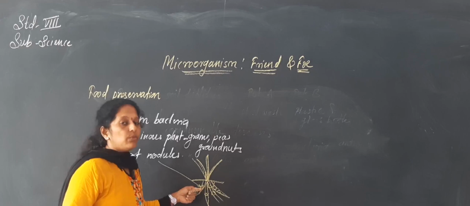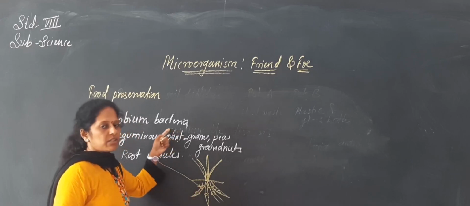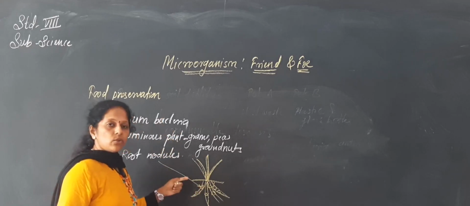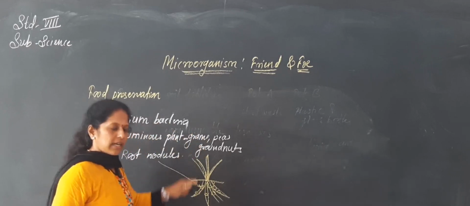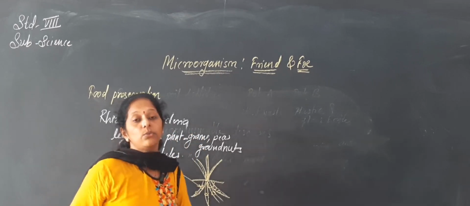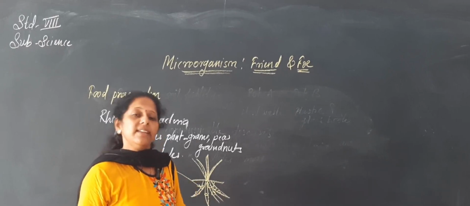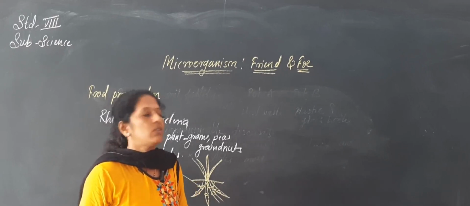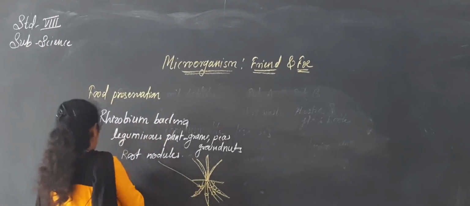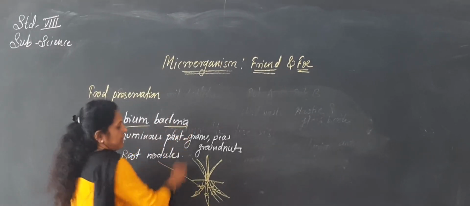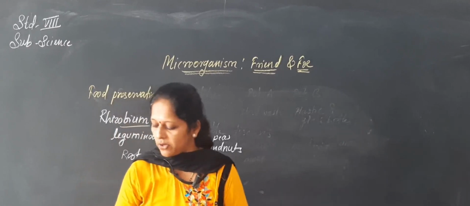They absorb nitrogen from the atmosphere and fix it into the root nodules of the leguminous plants and also in the soil. So fixation of nitrogen takes place with the help of Rhizobium bacteria. These are responsible for nitrogen fixation.